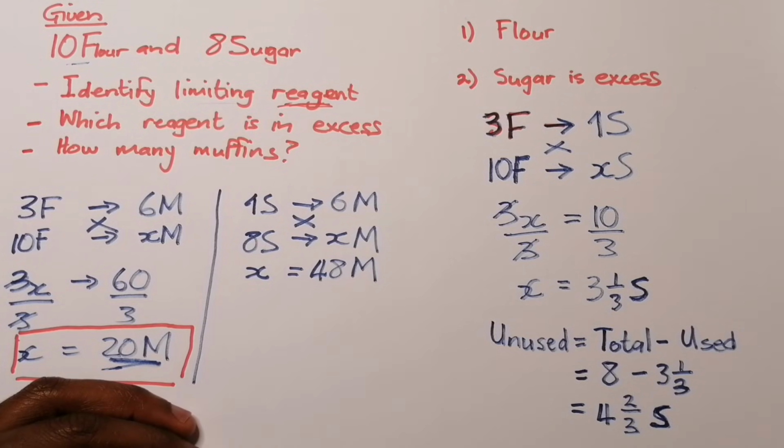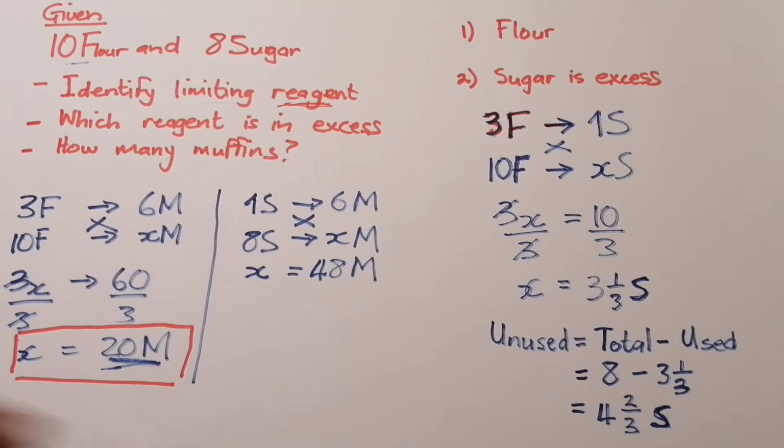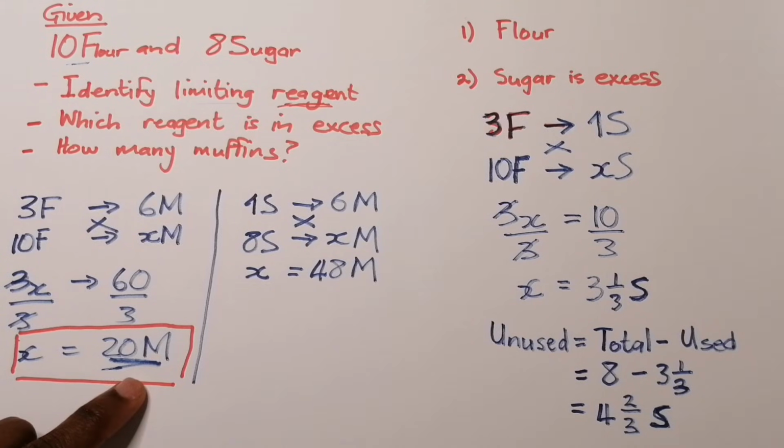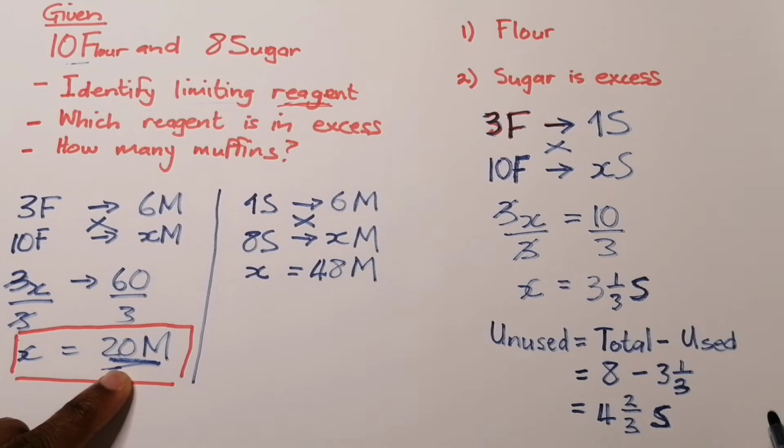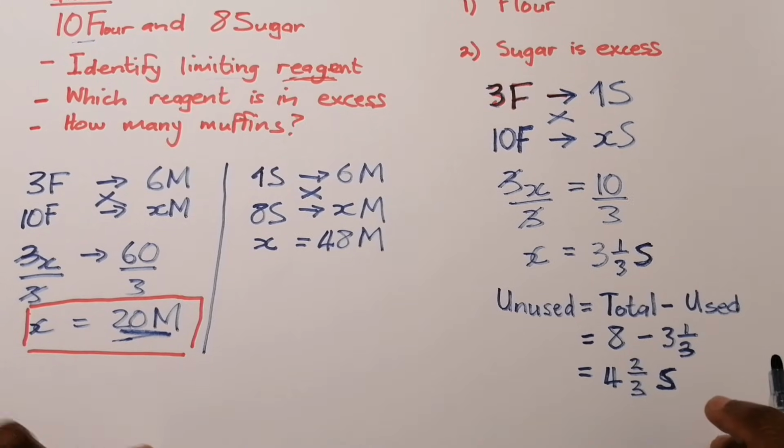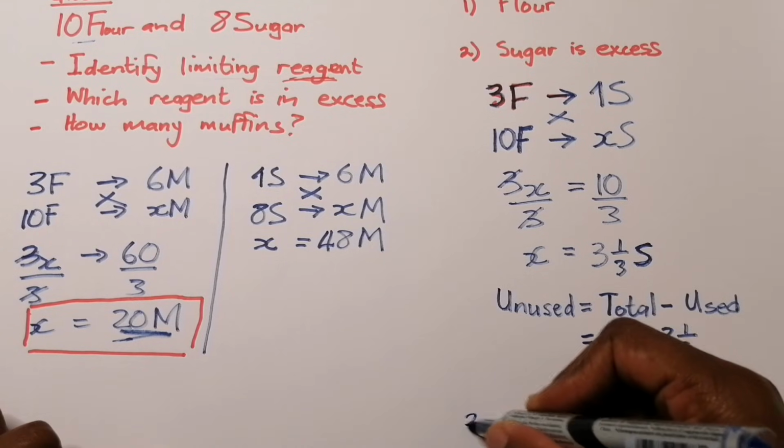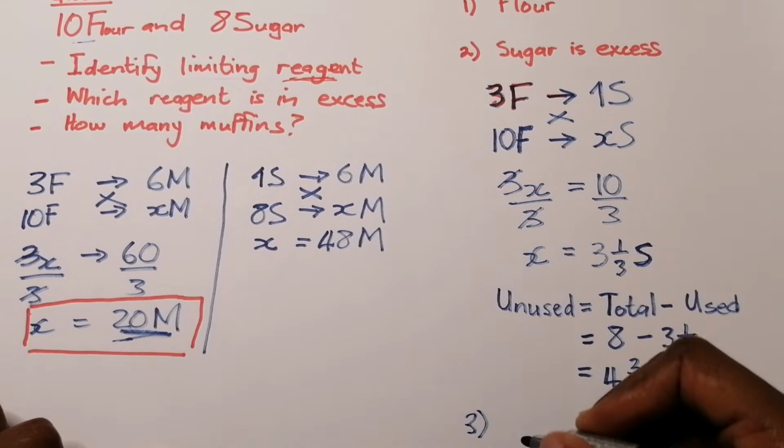And the question is, how many muffins are we going to be able to produce? Of course, we had already found that out. We're only going to be able to produce 20 because we found out we are going to use all of the flour. So I know if I use all the cups of flour, they will give me that amount of muffins.